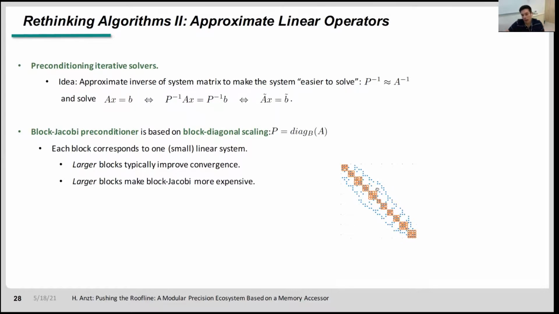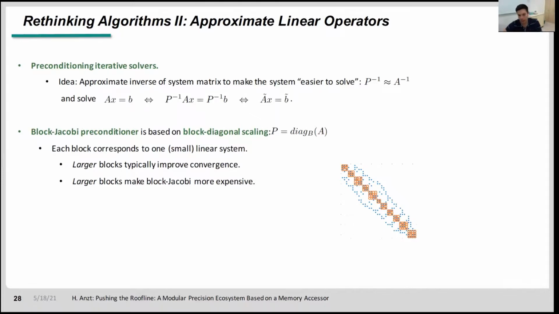Assume that we would not have any of these off-diagonal elements, then the preconditioner would be the exact inverse. But as we usually have quite some elements outside of the main diagonal blocks, it's only a rough approximation. And as you can imagine, the larger the blocks, generally, the more accurate is your preconditioner, but also the more expensive is it to compute the preconditioner.